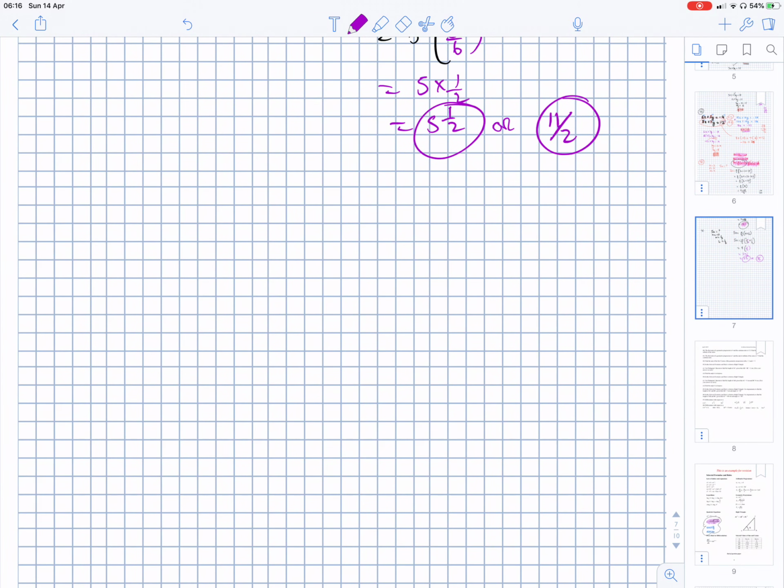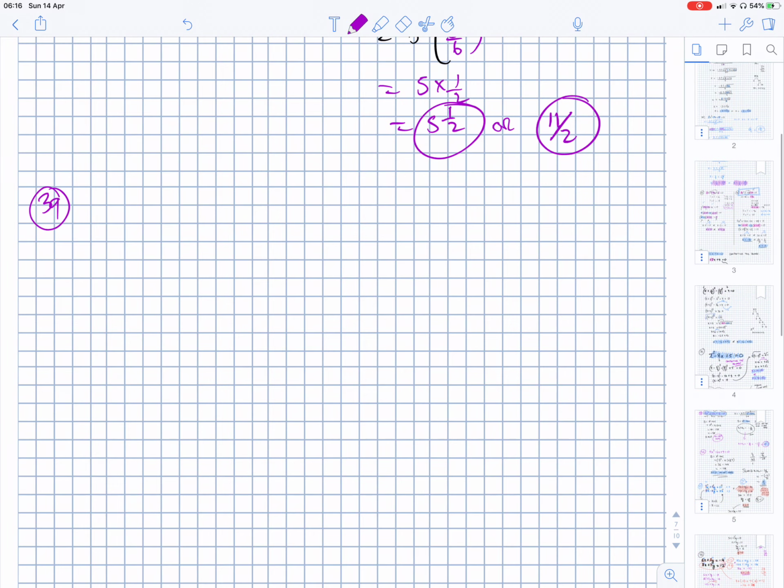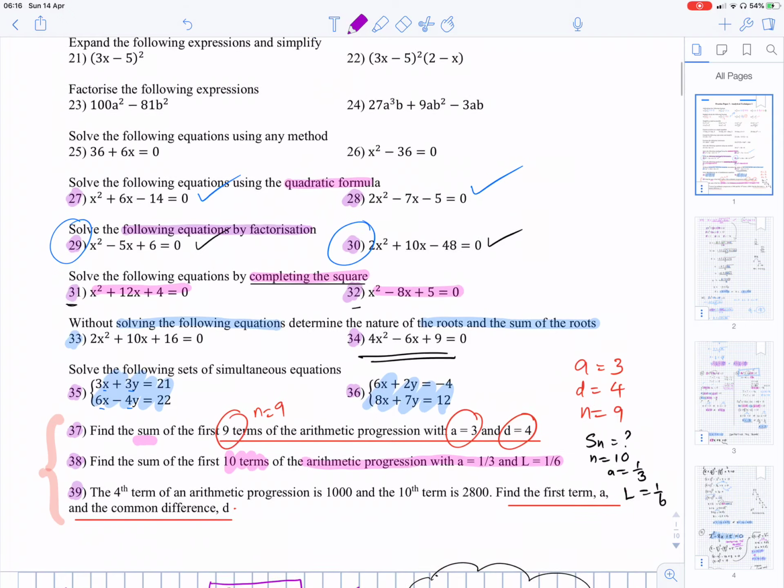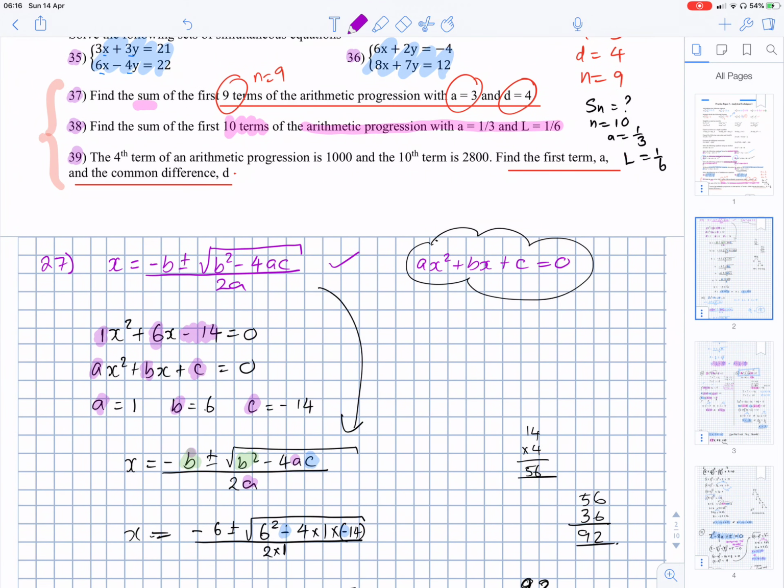So let's look at number 39, which is a bit more interesting because we're given the fourth term. I'll tell you why I'm calling it n1.